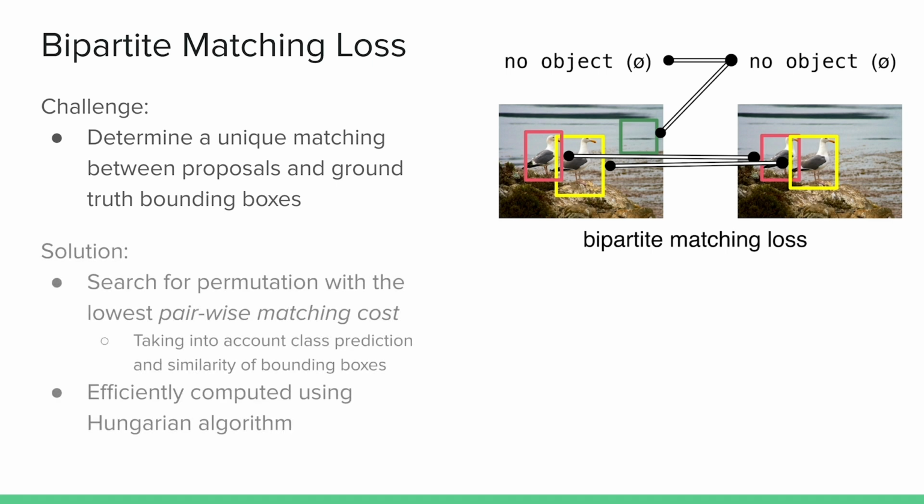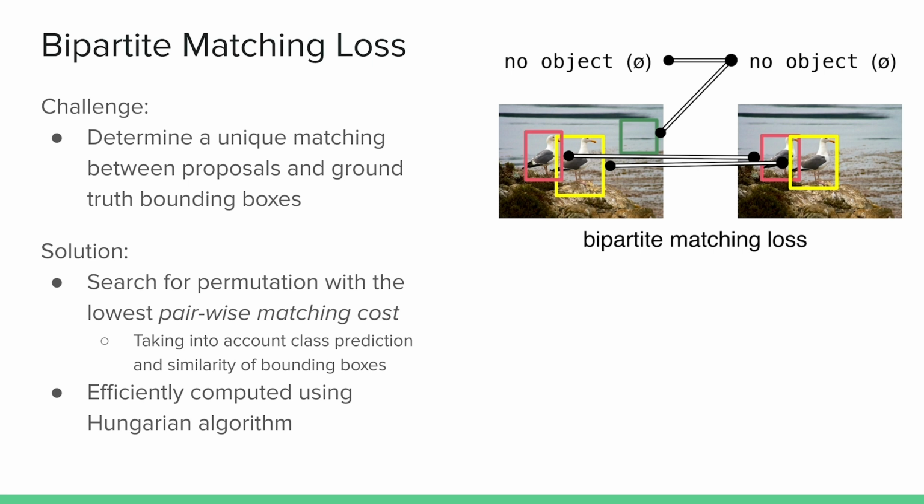So what they propose is that they search for a permutation that has the lowest pairwise matching cost. So we have 2 sets and we're trying to find the permutation of these elements that has the lowest cost. They take into account both the class prediction as well as the similarity of the bounding box.